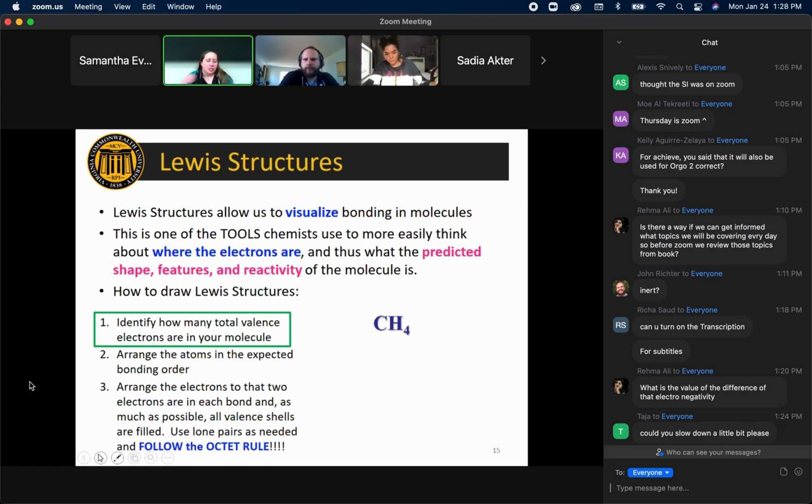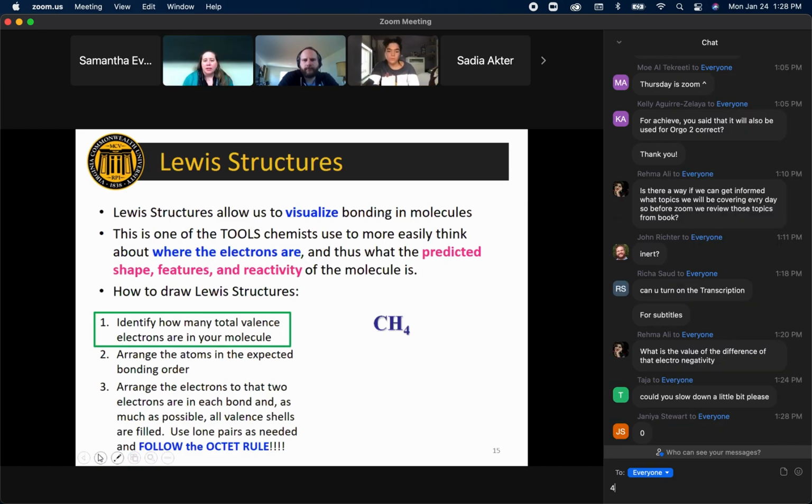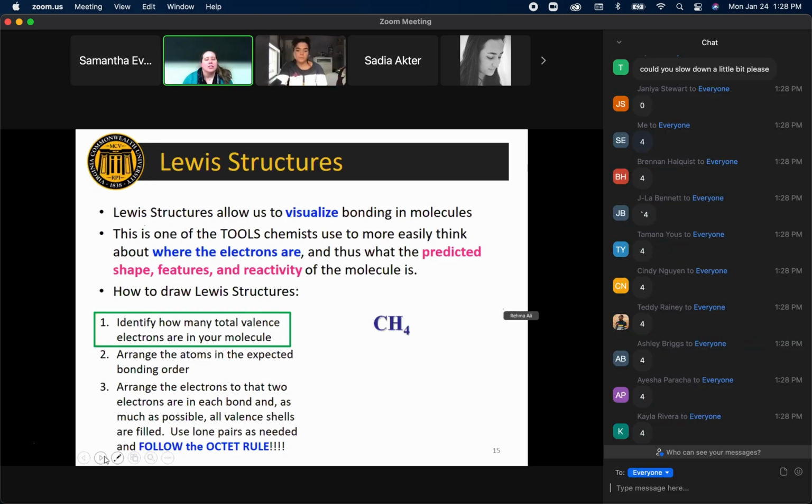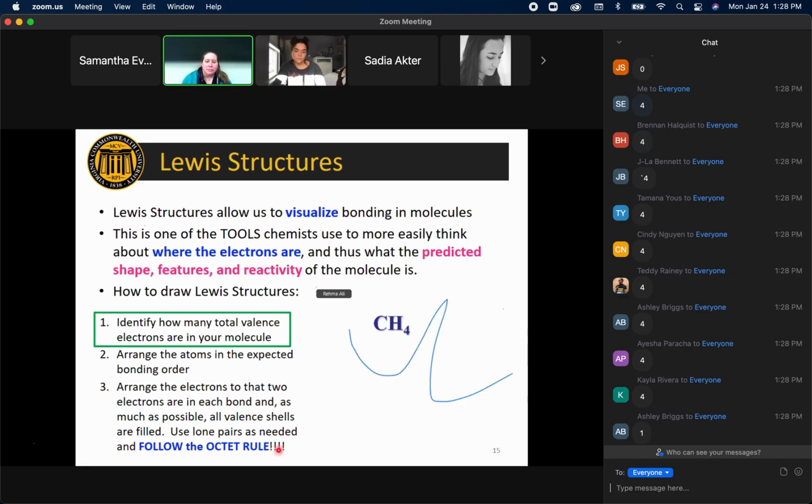How many valence electrons does carbon have? Everybody should be able to get this based on the brain exercises we did at the beginning. 4. Yep, carbon has 4 valence electrons. And how many valence electrons does each hydrogen atom have? 1.